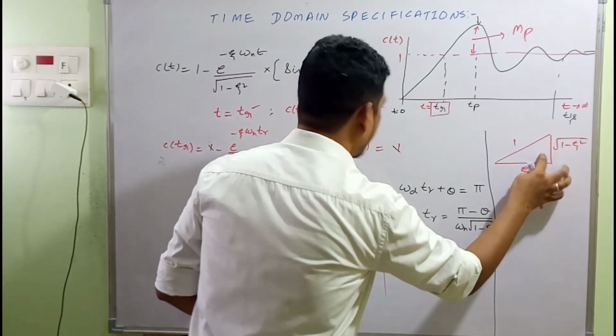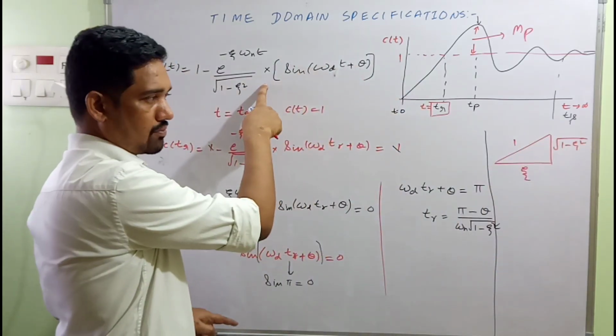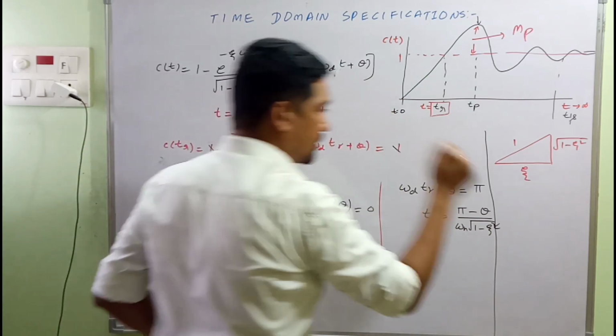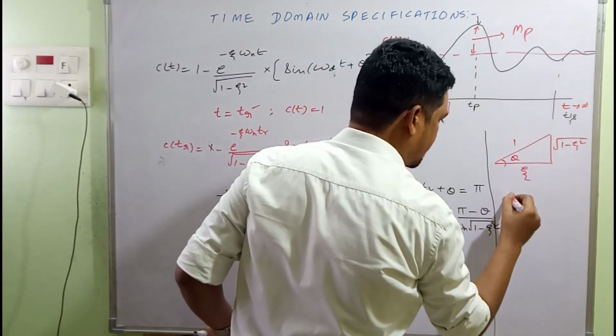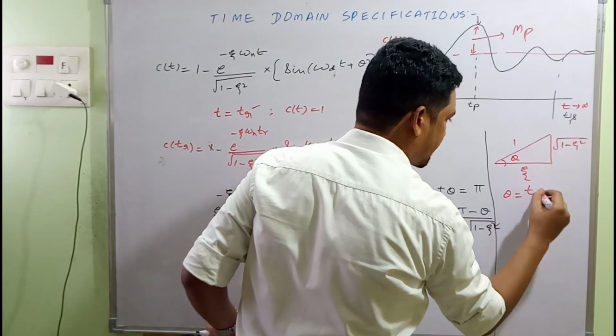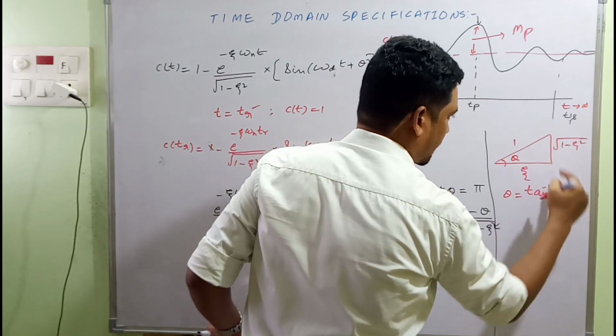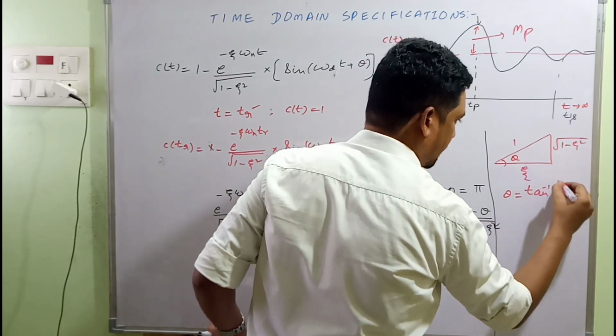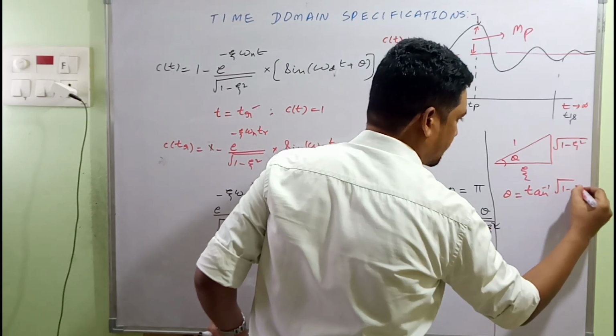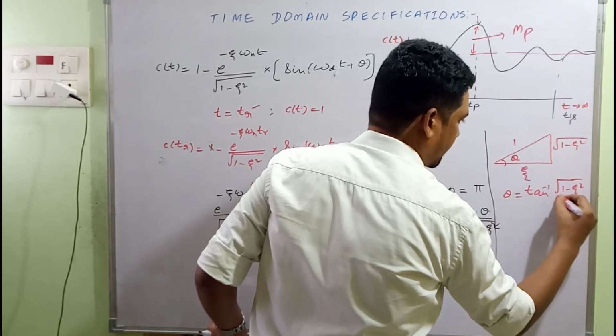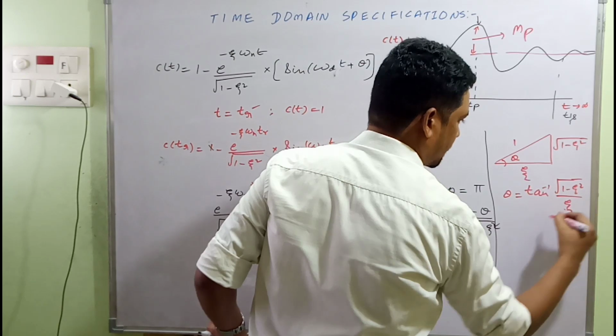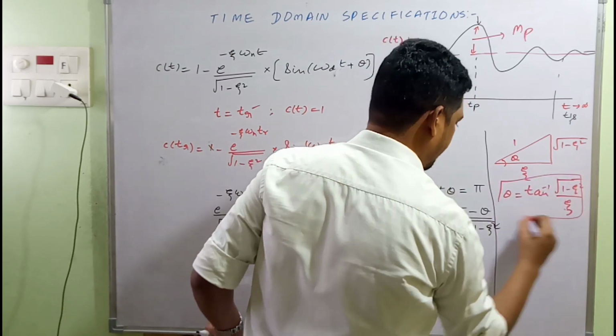We made use of this triangle to evaluate this expression. With θ being here, θ = tan⁻¹ of opposite by adjacent, which is √(1 - ζ²)/ζ. This will be our θ here.